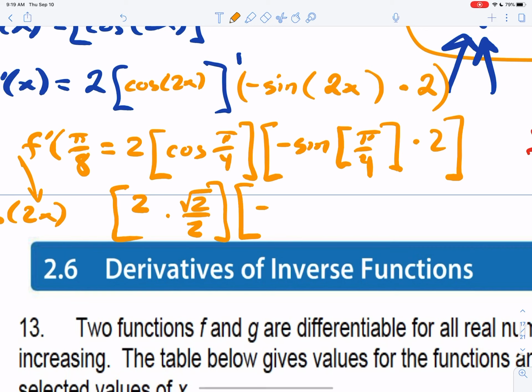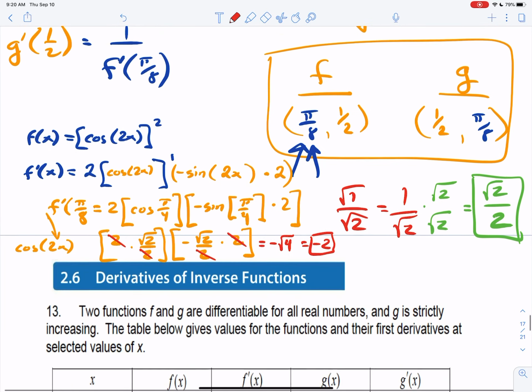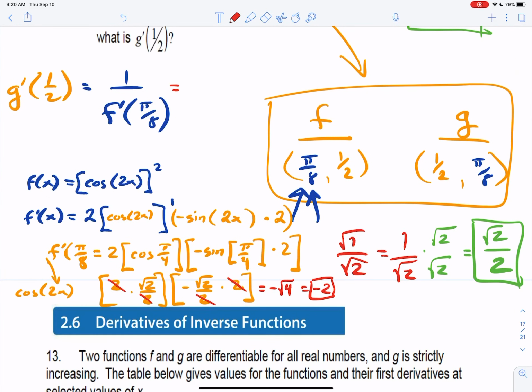Sine of pi over 4 is radical 2 over 2, but there's a negative in the front there, so I'll put negative radical 2 over 2 times the 2. 2 divided by 2, 2 divided by 2, cancels out. Radical 2 times a negative radical 2 is a negative radical 4, which is negative 2. All that, I know. So my final answer is negative 1/2.